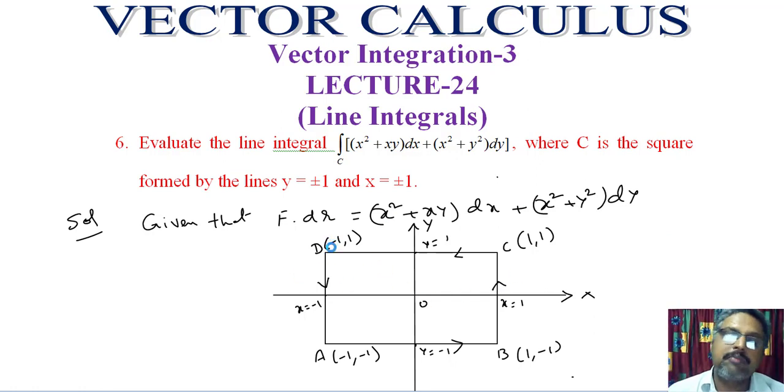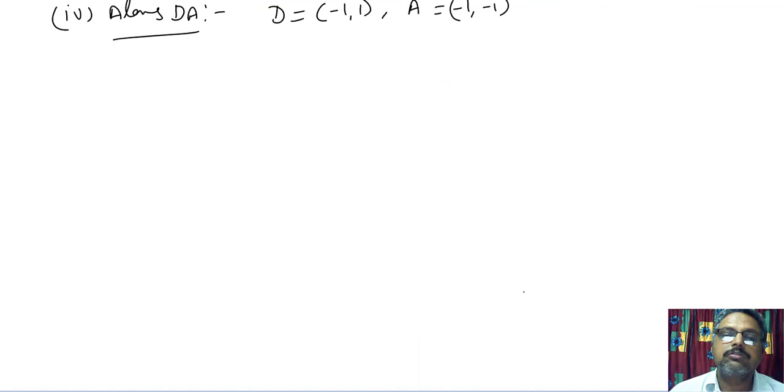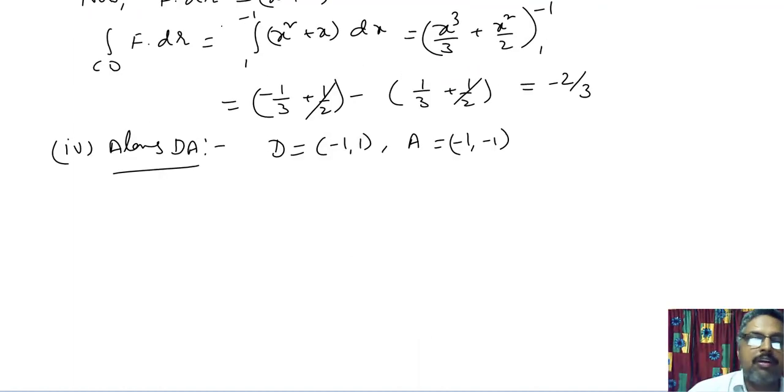If you observe the straight line, clearly x is minus 1, so dx equals 0. Now y varies from 1 to minus 1.